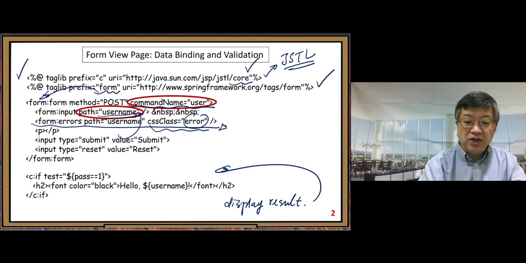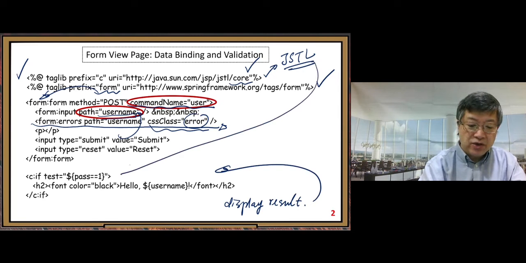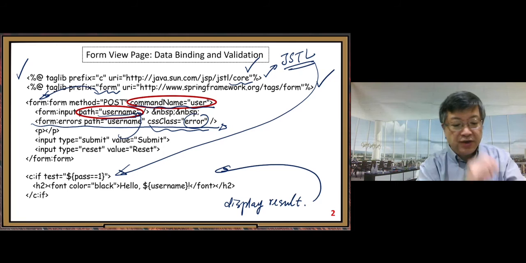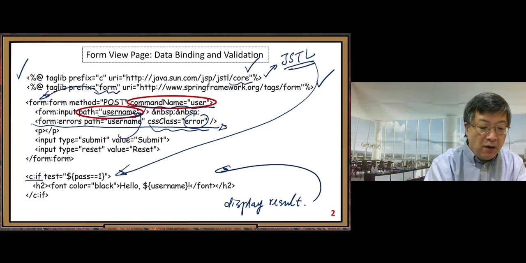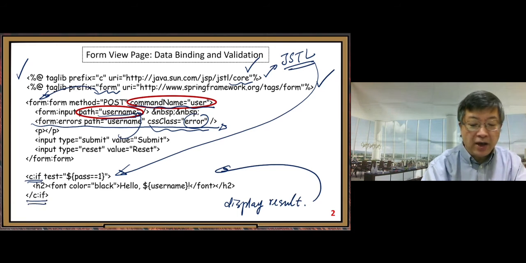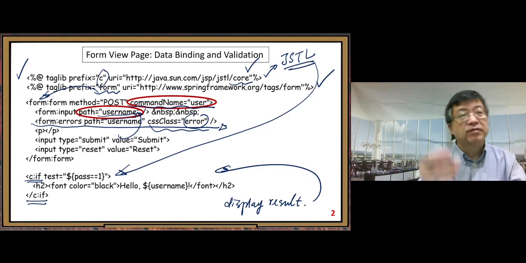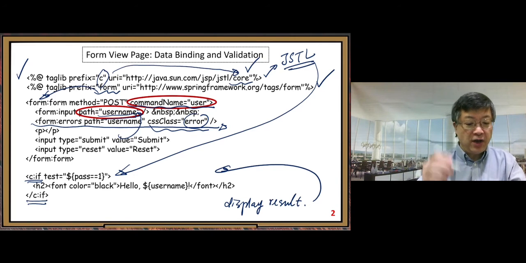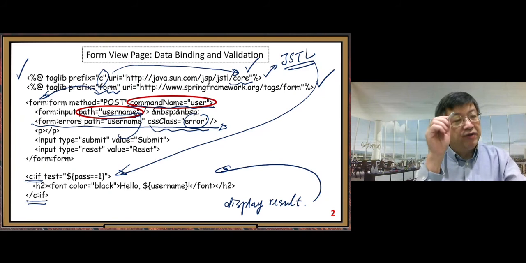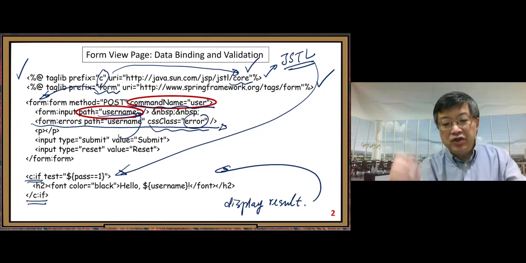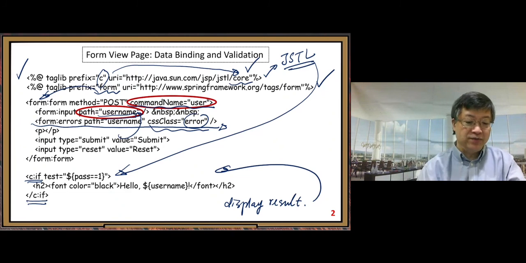Then we use JSTL here. c:if. That tag, c prefix, the core, right? We refer to the core package of JSTL. c:if, we use the if tag of the JSTL core package.